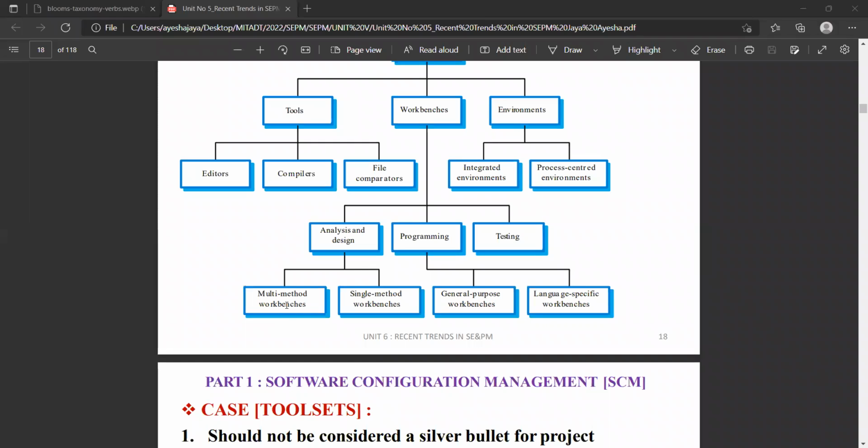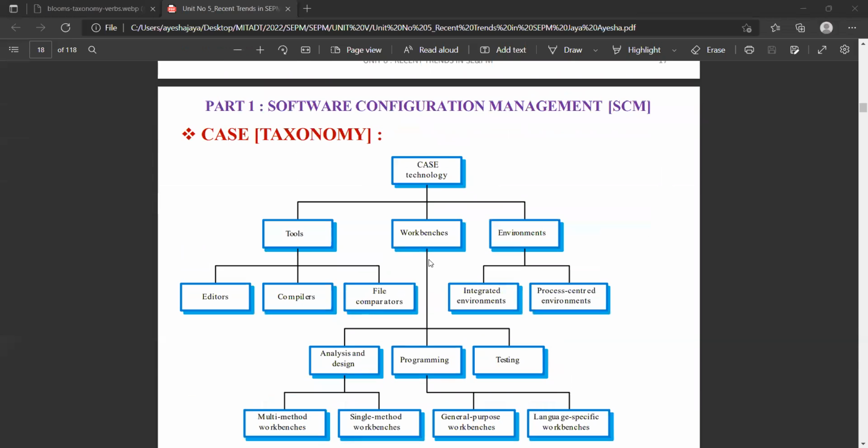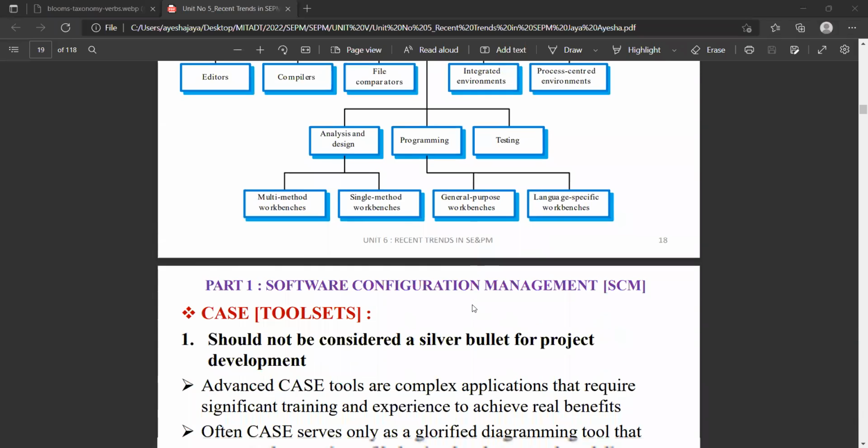Multi-method means you have support for your project from Java, from VB, from HTML, and so on. Then we have single method workbench, so it's dependent on only a single technology or language maybe. In programming, we have general purpose workbench and language specific workbench. So if you draw this diagram in your book and see it one by one, it becomes very easy to understand the CASE technology.